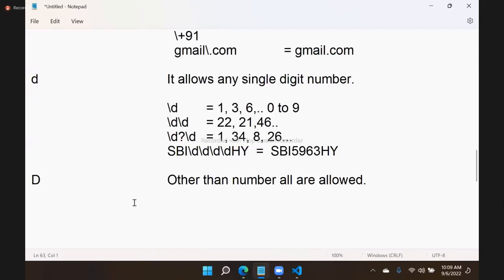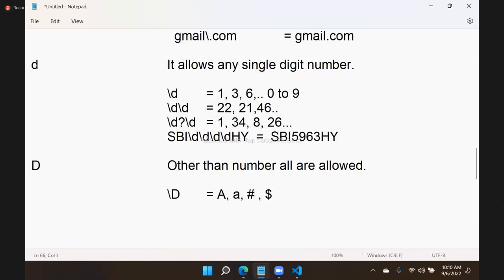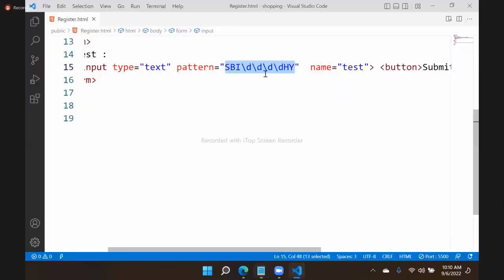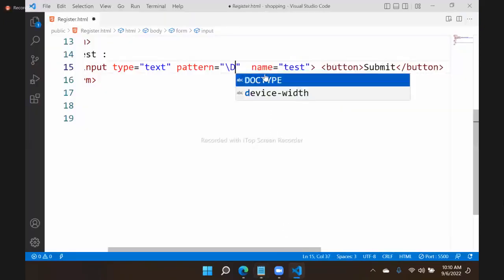So usually we write that by using \D. It will allow lowercase and uppercase alphabets and any special characters, but not numbers. Other than numbers, all are allowed. That you have to define by using this.